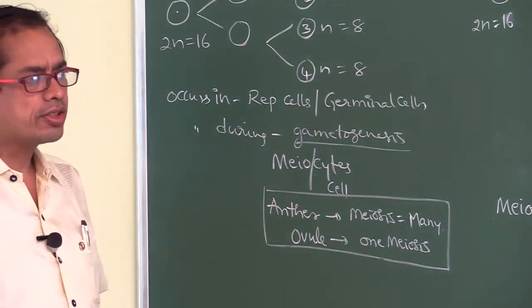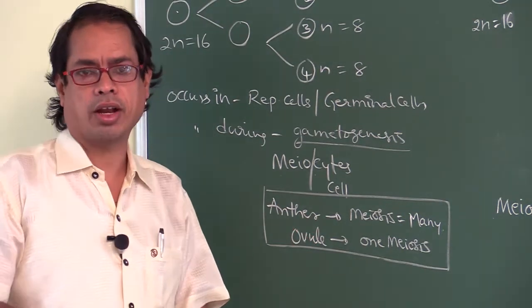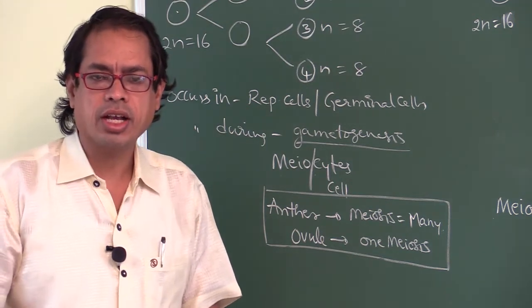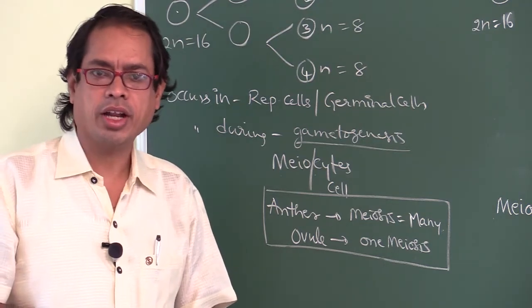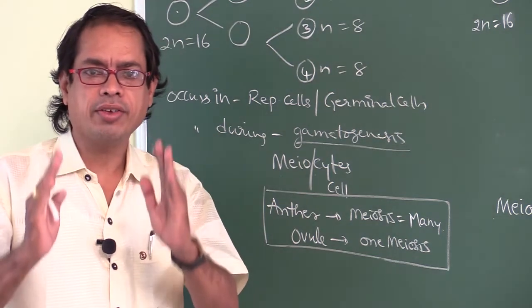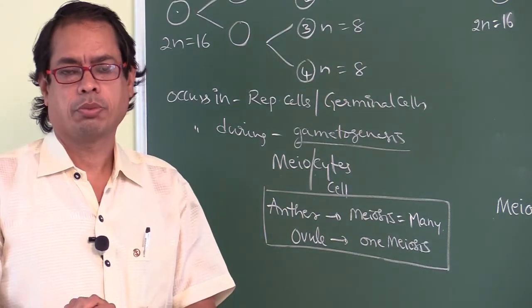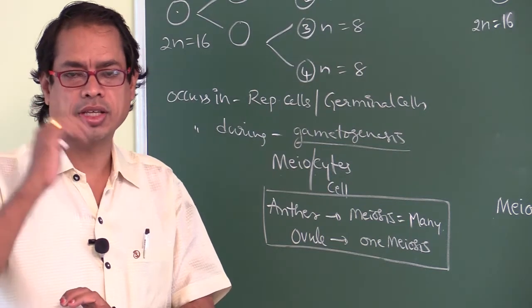Next, where does meiosis occur in lower plants like algae and fungi? In algae and fungi, meiotic division occurs in the zygote, whereas in bryophyta and pteridophyta, meiotic division occurs in spore mother cells.